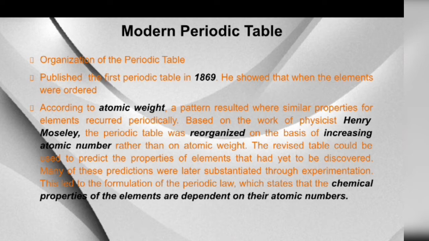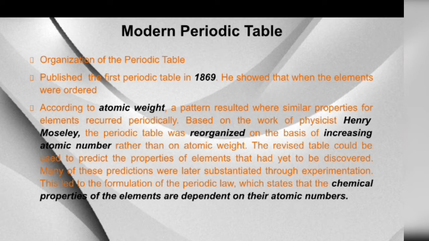Based on the work of physicist Henry Moseley, the periodic table was reorganized on the basis of increasing atomic number rather than atomic weight. The revised table could be used to predict the properties of elements that had yet to be discovered. Many of these predictions were later substantiated through experimentation.